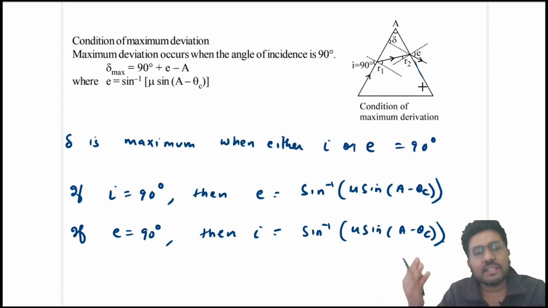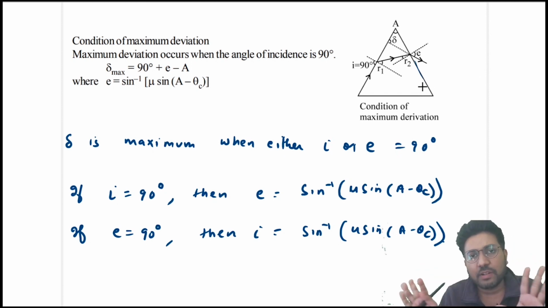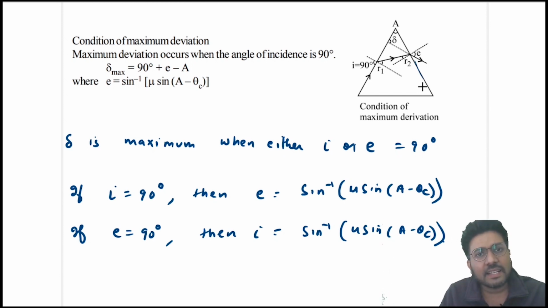Because if A is greater than 2 theta C, in that case anyways light will not emerge, whatever be the angle of incidence. And if A is less than theta C, in that case anyways there will be no TIR, all the light will emerge whatever be the angle of incidence. Only if A belongs to theta C to 2 theta C, in that case you will see these conditions, right? Okay.